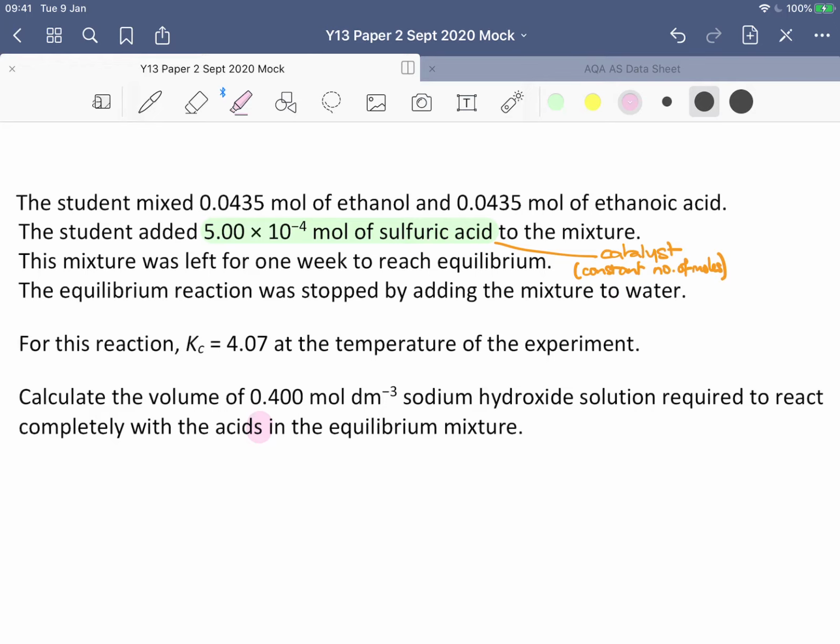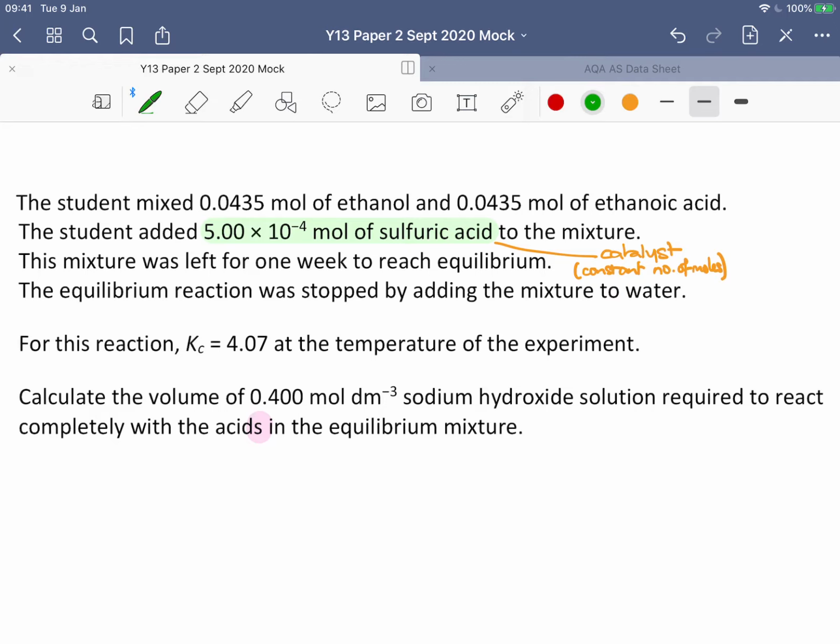So I think if you're given moles and a Kc value, there's a few steps to follow here. It is a 6-mark question, but one of the first things you should do is draw an ICE table. And if that doesn't mean anything to you, then it's very important that you follow this video carefully.